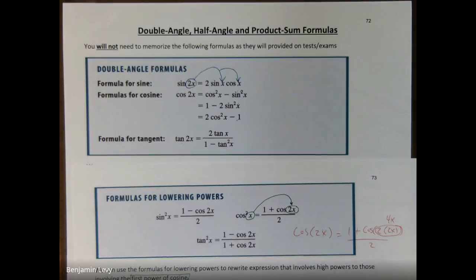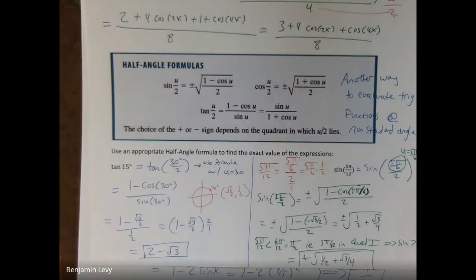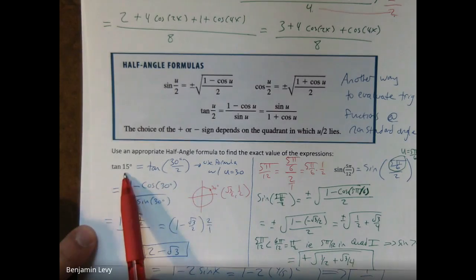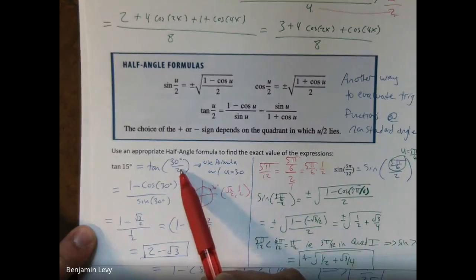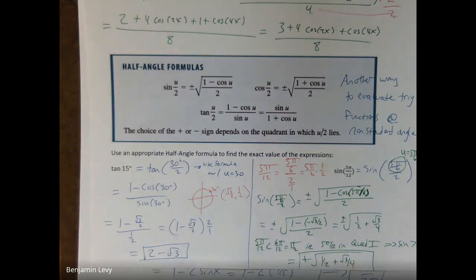But the half angle formula we can use to evaluate weird degrees like we did with the addition subtraction formula. For example, if we want to figure out tangent of 15, we don't know 15 on the unit circle, but 15 degrees is 30 over 2, and we know 30 degrees. That's the way we talked about using these formulas in the video.